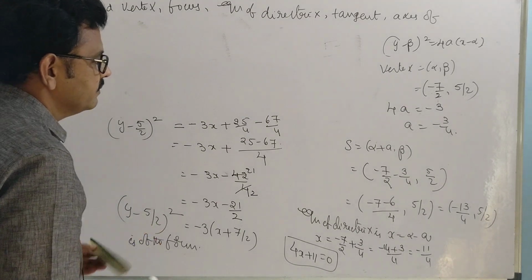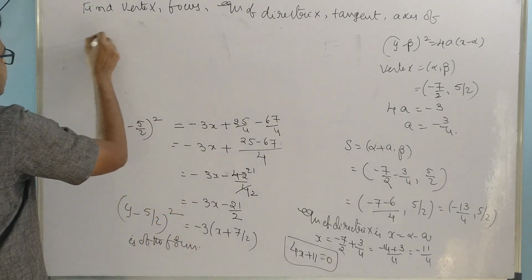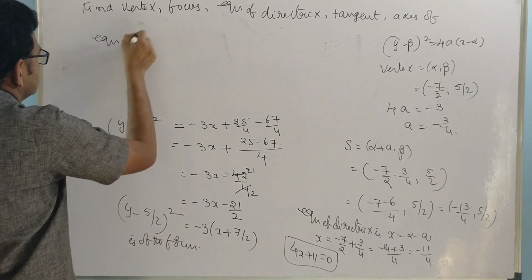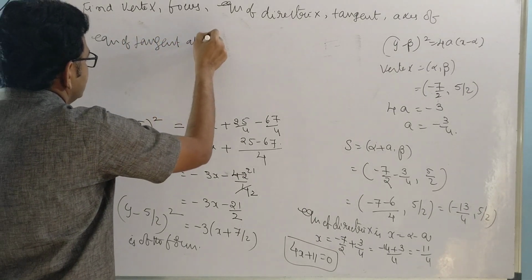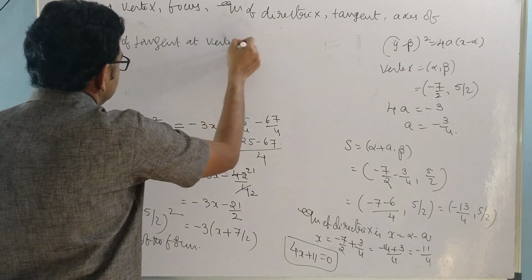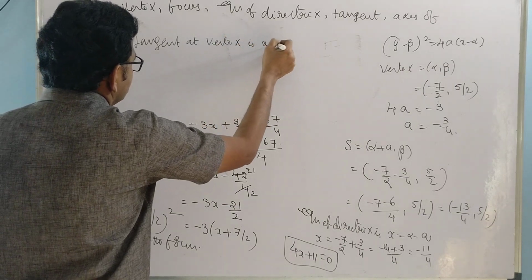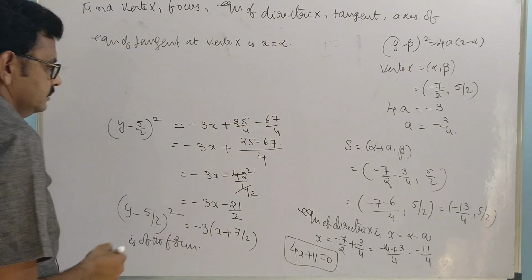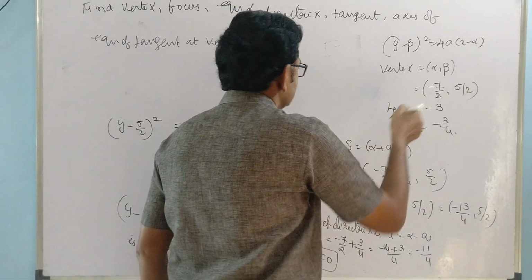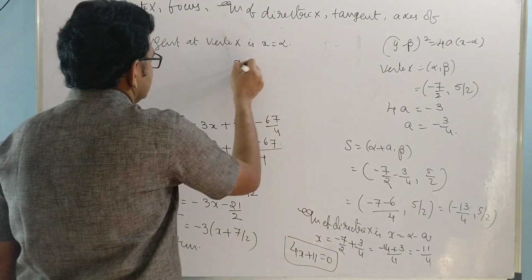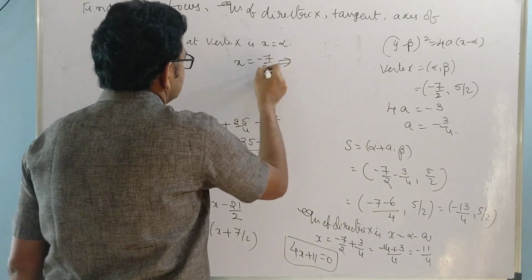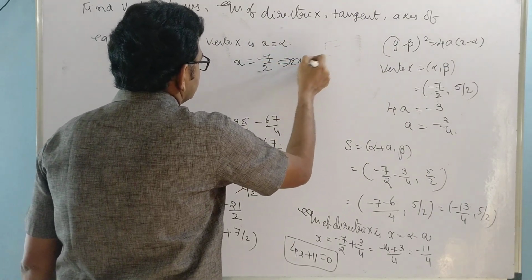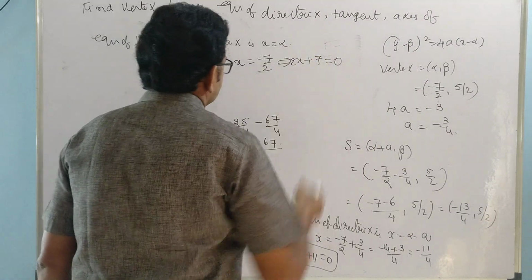Next, equation of tangent at vertex. Equation of tangent at vertex is x equal to alpha, where alpha is minus 7 by 2. That is x is equal to minus 7 by 2, implies 2x plus 7 equal to 0.